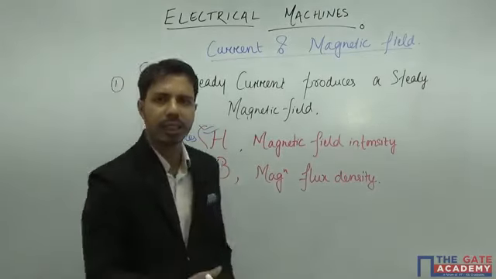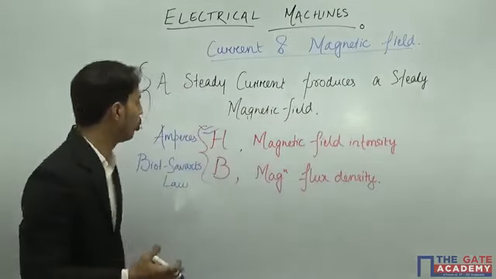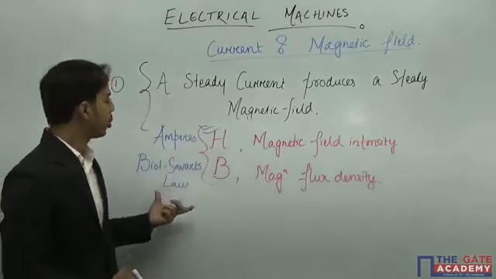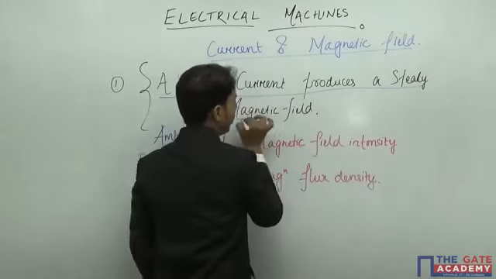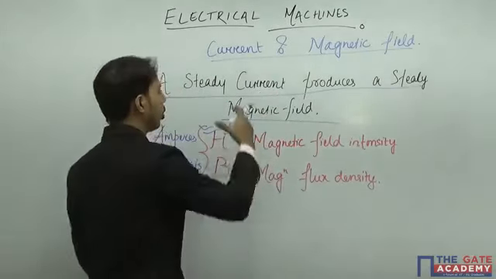You will study all these laws in EMT. What I am trying to show you is where these laws have evolved from. These laws have evolved from this particular statement, so they depend on it.